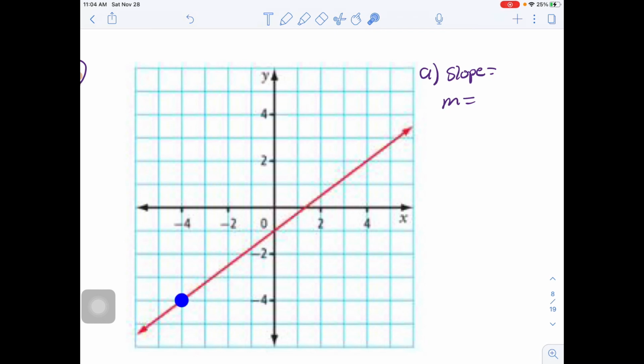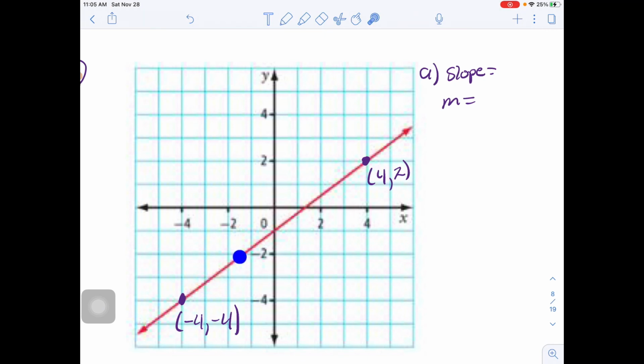So I'm going to choose this point here, which is x is negative 4, y is negative 4. So this will be (-4, -4). And then I'm going to choose this point here. In this case, this is x at negative 4, y at negative 2. Okay. And then from there, let's go visually.